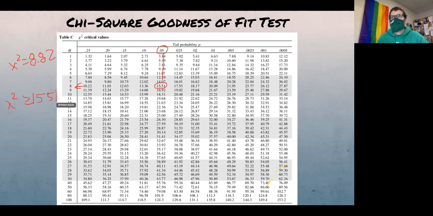Does that make sense now? Any value greater than 15.51 would be grounds for me to reject the null hypothesis. Because especially if we get over here like 22 range, there's only a 0.005 chance of that happening by random chance if the claimed distribution is true.